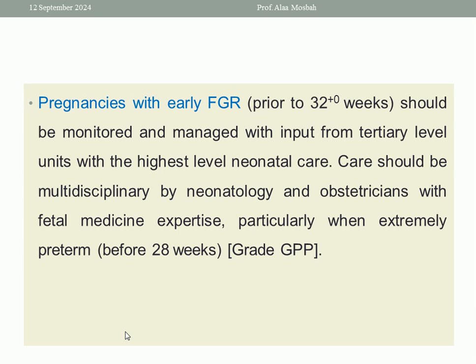Of course, this should include a multidisciplinary team, including neonatology and obstetricians with fetal medicine expertise, particularly when extremely preterm. Extremely preterm, of course, means fetuses before 28 weeks gestational age.